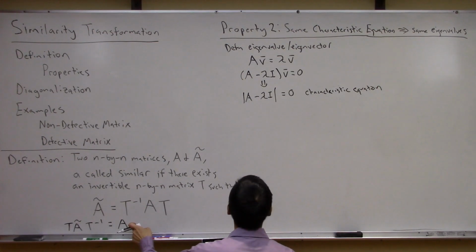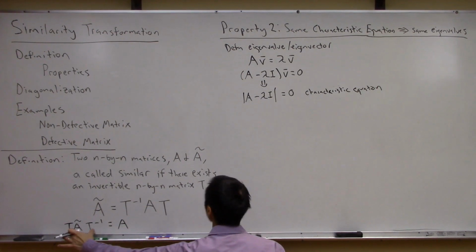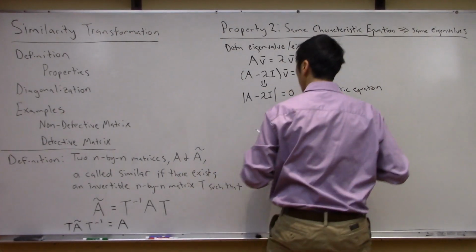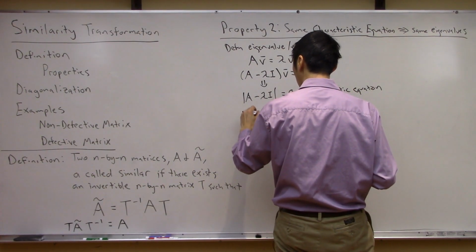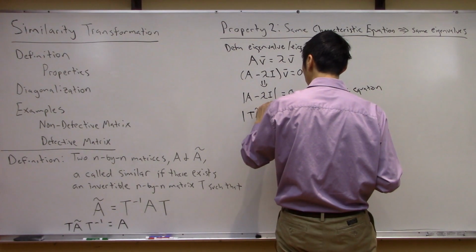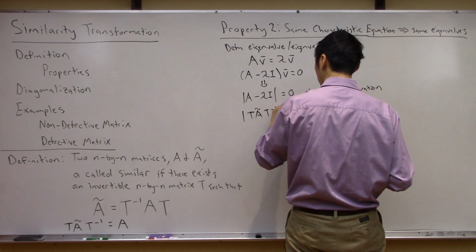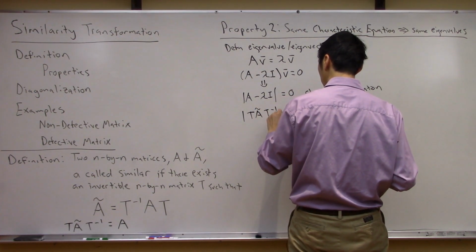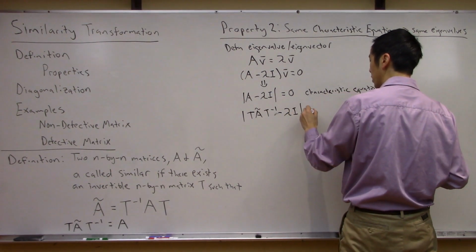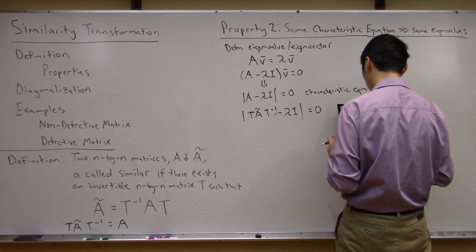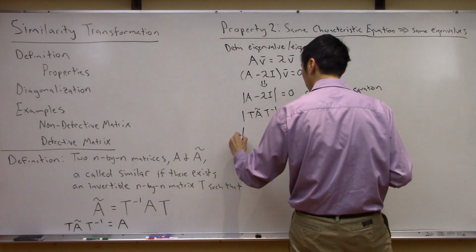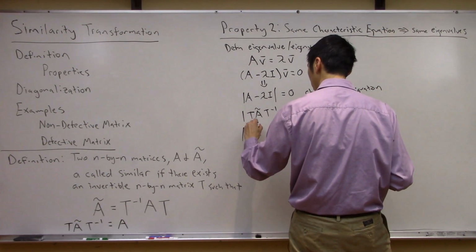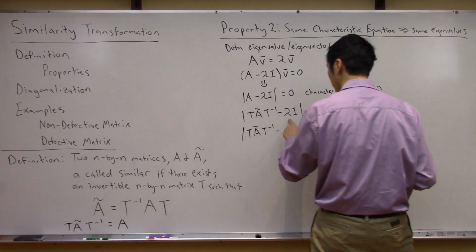Okay, so now substitute this in for A. So we have T A tilde T inverse minus lambda times the identity matrix, and the determinant of that whole thing has got to equal 0. Let's write this again: T A tilde T inverse minus lambda.